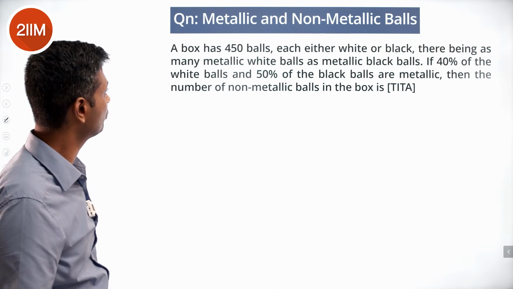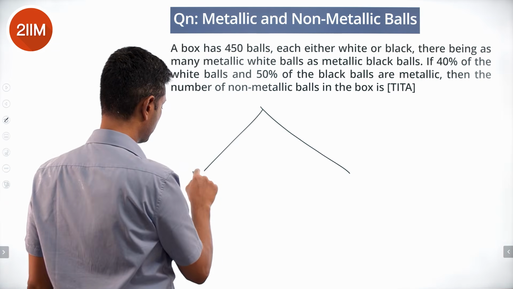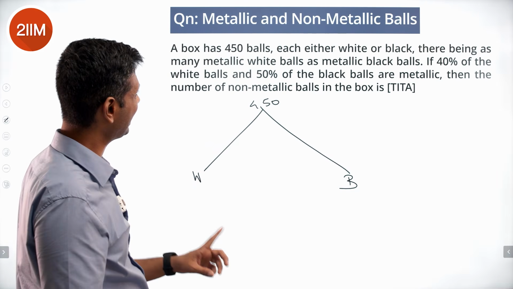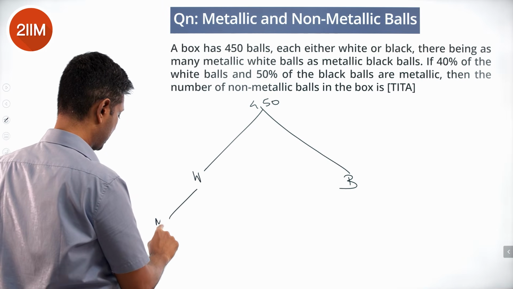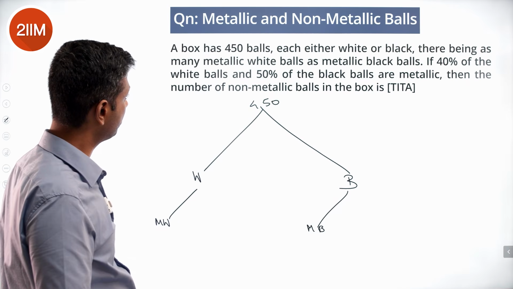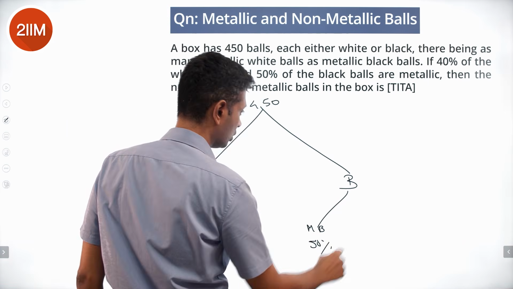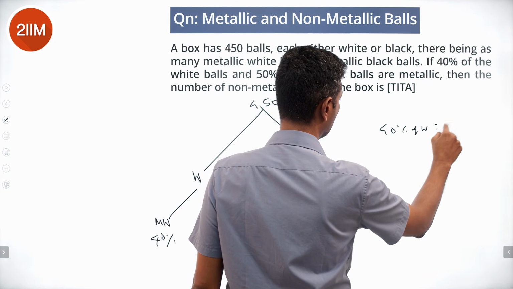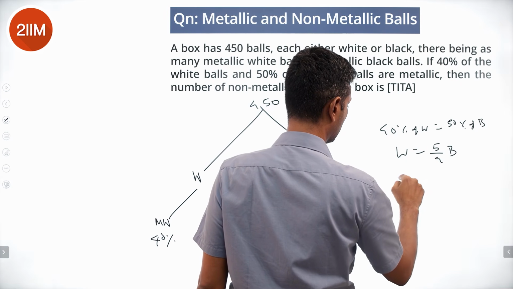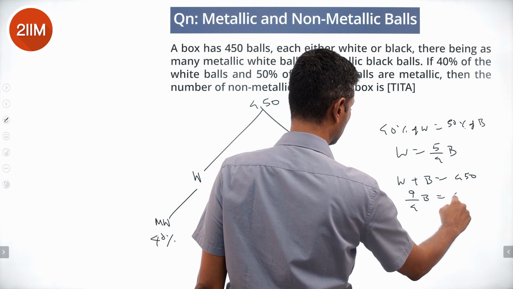A box has 450 balls, each either white or black. There being as many metallic white balls as metallic black balls. 40% of the white balls and 50% of the black balls are metallic. 40% of W equals 50% of B, so W is 5 by 4 B. W plus B is 450. 9 by 4 B is 450.